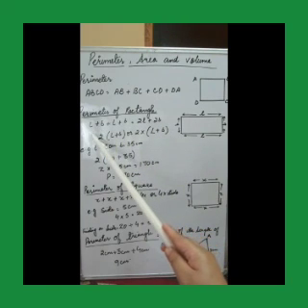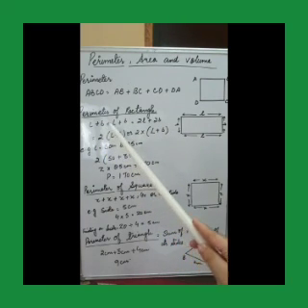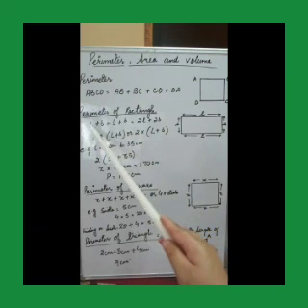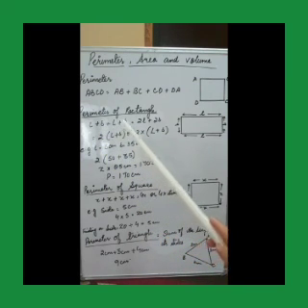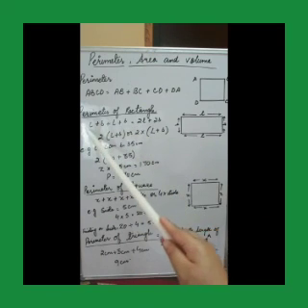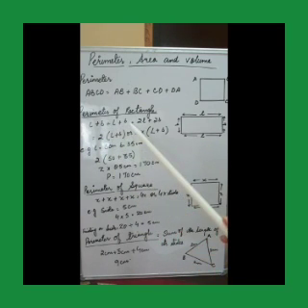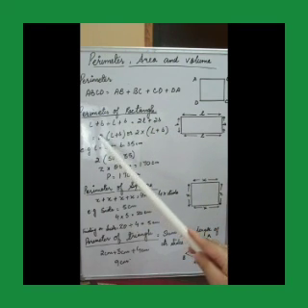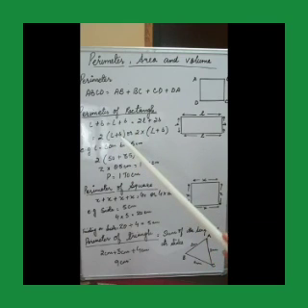That means L plus B plus L plus B, so we have two lengths and two breadths. In short form, 2L plus 2B. To make it more convenient, we take two out and add length and breadth, which means 2 multiplied by (length plus breadth). This is how we find the perimeter of the rectangle.